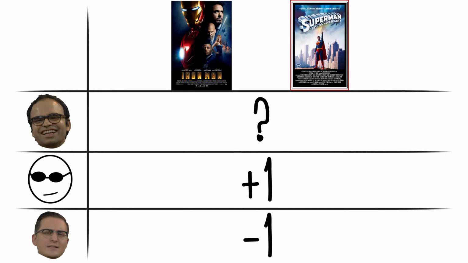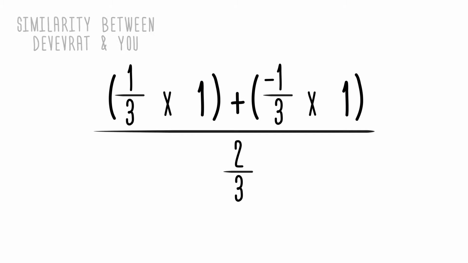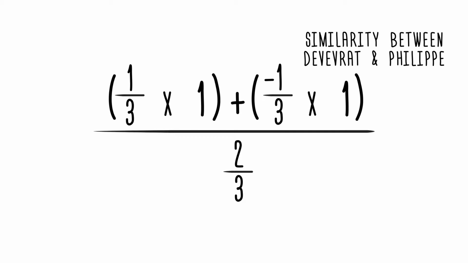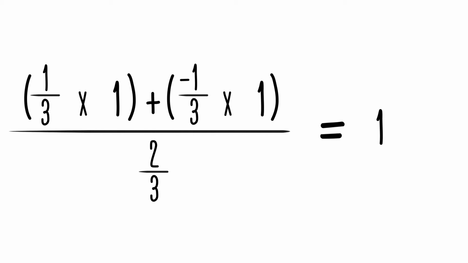Putting all of these things together, we obtain prediction as follows: 1 over 3 for similarity between you and me, multiplied by +1 coming from you, plus -1 over 3 for similarity between Philip and me, times -1 coming from Philip's preferences. This whole thing divided by 2/3 comes out to be 1.